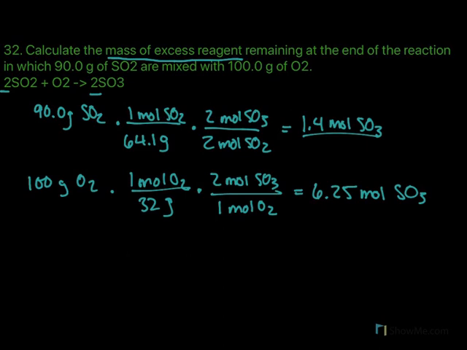So what we need to know is if we made 1.4 moles of this product, how much oxygen would we use and how much would we have left? So if we have 1.4 moles of SO3, we can use our molar ratio here.